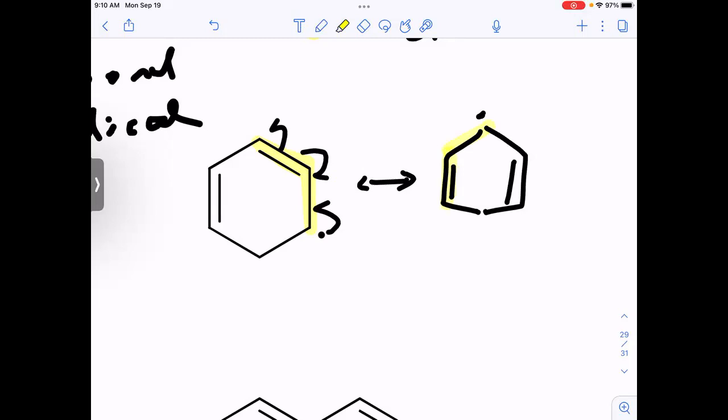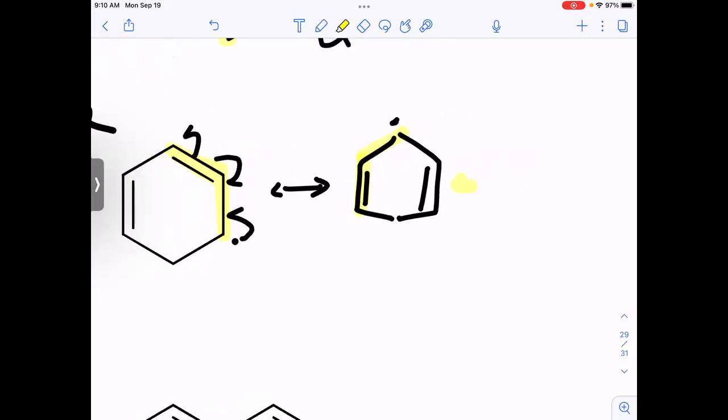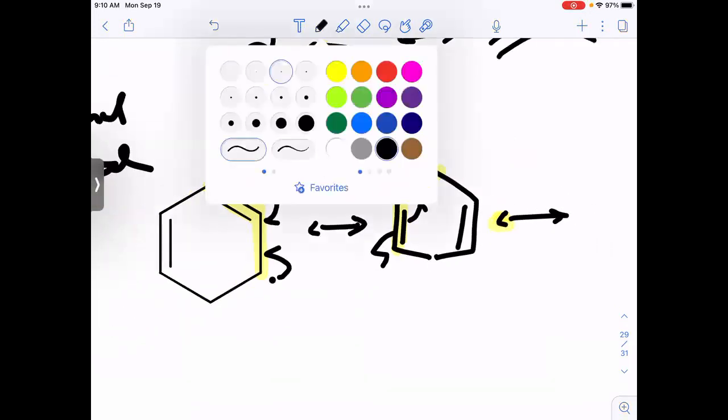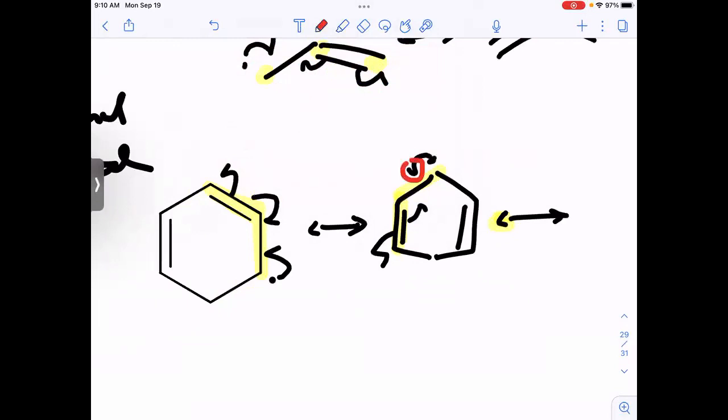So you're able to do the same thing again, right? This is coming here, that's coming there, and this here. And please notice the tips of my arrows are not double-headed, right? Radicals are moved by using what's called a fishhook or a single-headed arrow. So this is 1 electron. And if I want to move 2 electrons, I use a regular, double-headed arrow.